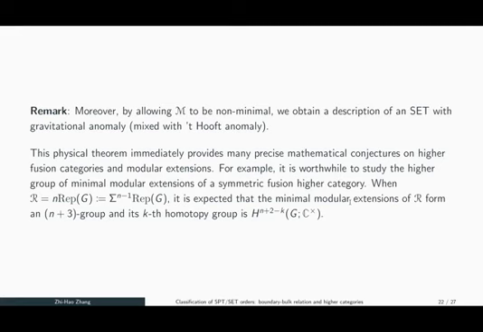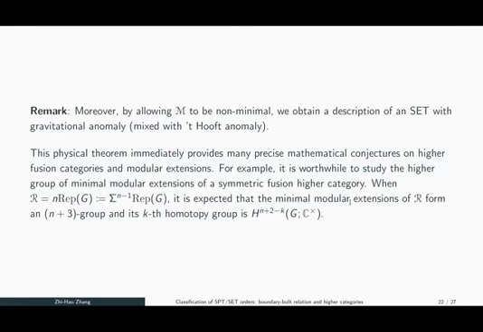So, for example, it suggests we study the higher group of minimal modular extensions of a symmetric fusion higher category. And if this symmetric fusion higher category is k-enriched, so what is k-enriched? One-enriched is simply enriched, and two-enriched is enriched over enriched, and so on.